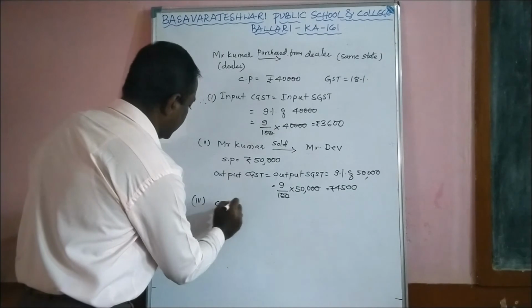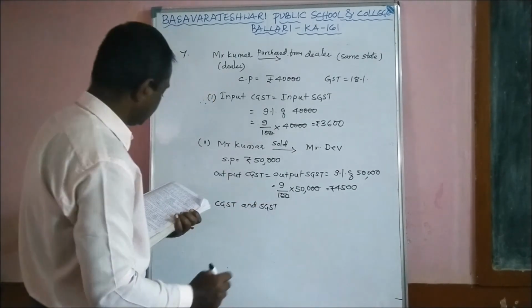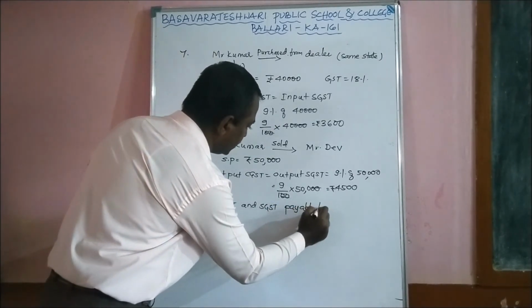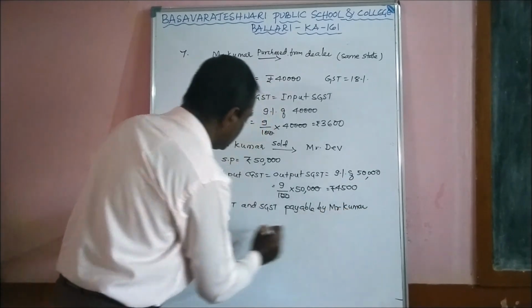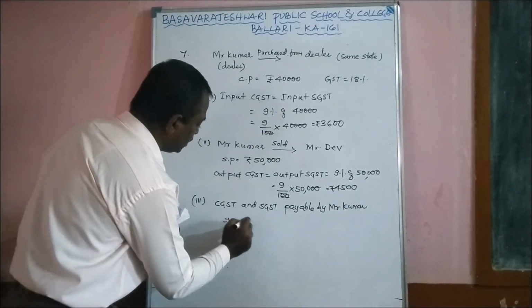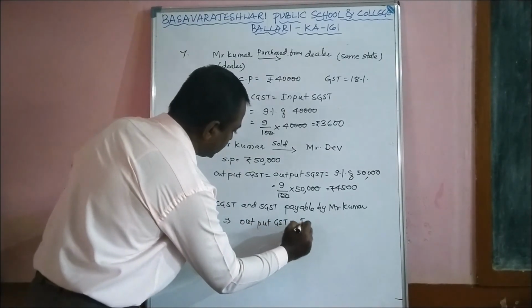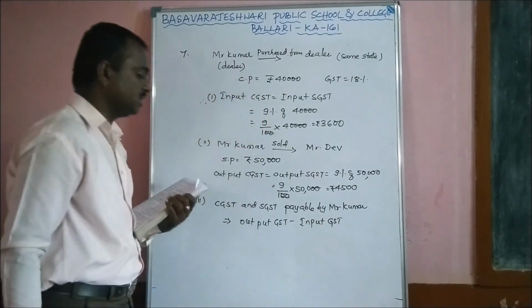CGST and SGST payable by Mr. Kumar is equal to output GST minus input GST.